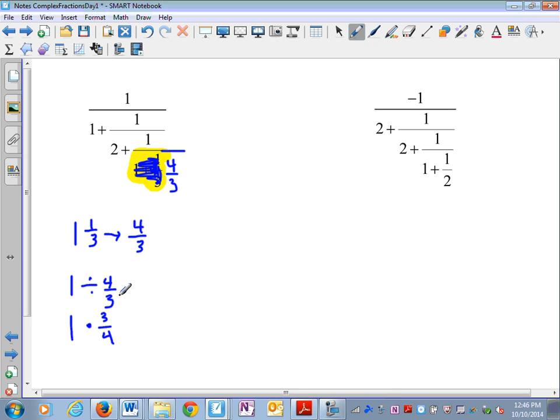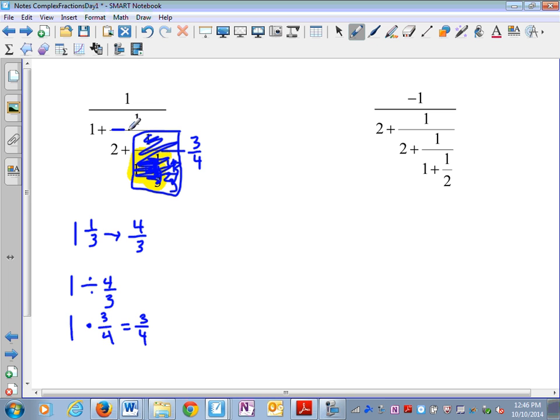So 1 divided by 4/3, which is this part right here, has now been replaced with 3/4. Because 1 divided by 4/3 is the same thing as 1 times 3/4, which is just 3/4. So I'm just going to replace it with 3/4.